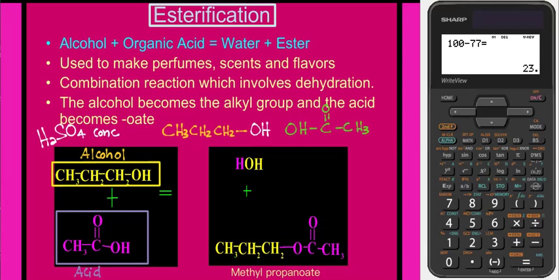Both of them got OH. This is OH here. This is OH here. They just think OH is just OH. You need to know where it comes from. It comes from the alcohol, from the left here, the yellow one, the white OH.